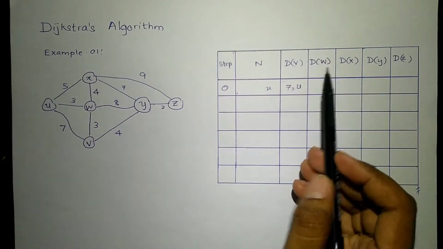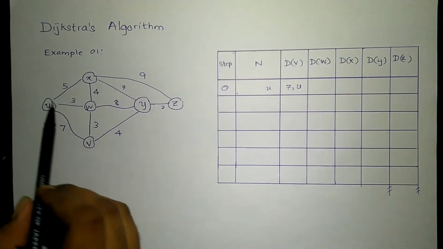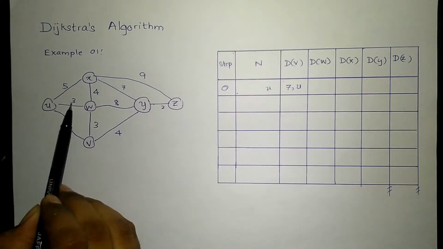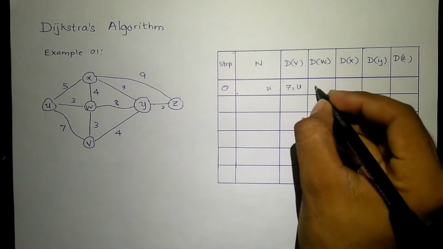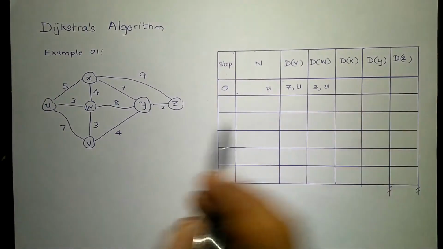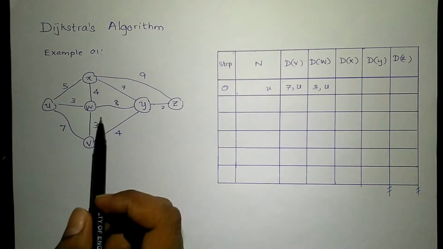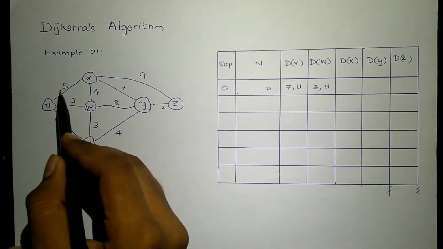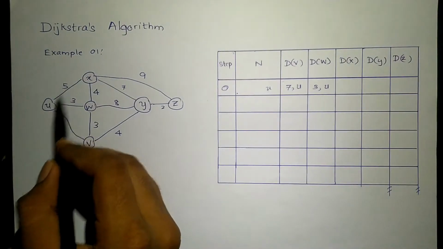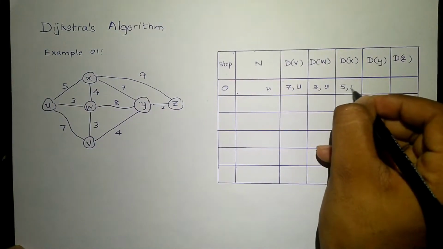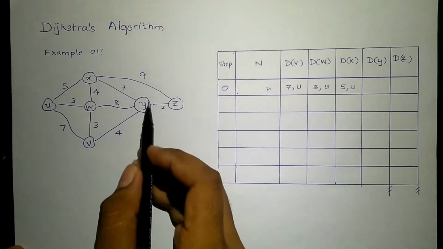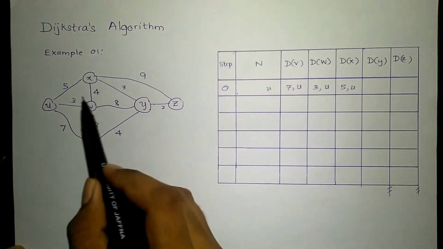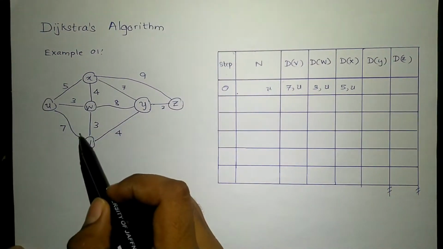In W's case, we are considering from U, so from U to W is 3, so 3, U. Then we consider X. For X it takes 5, so 5, U. For Y, there is no direct connection to U. It has to go through other paths, no direct connection.